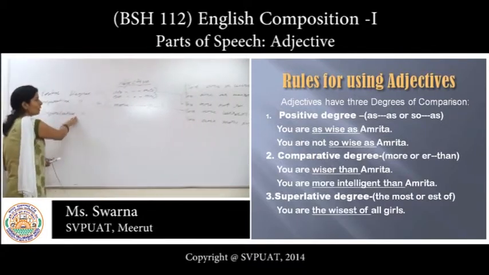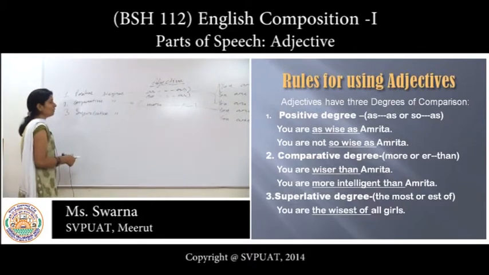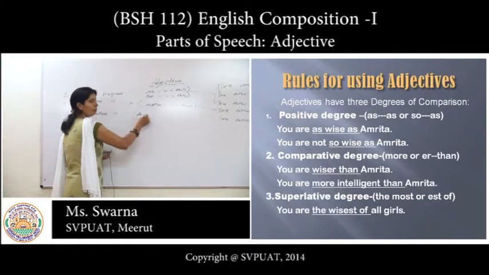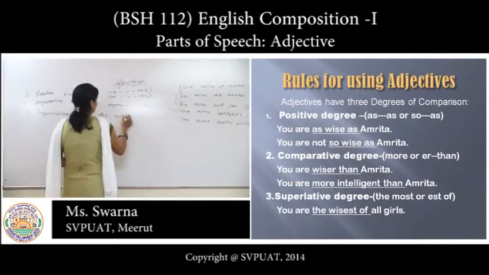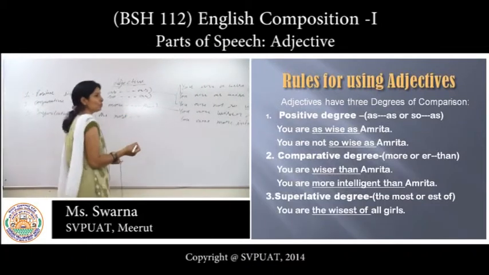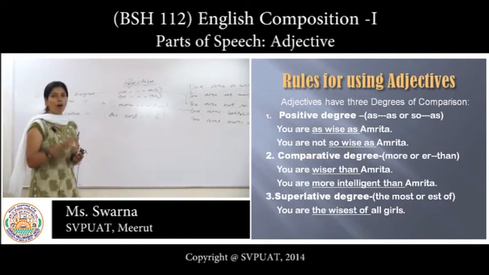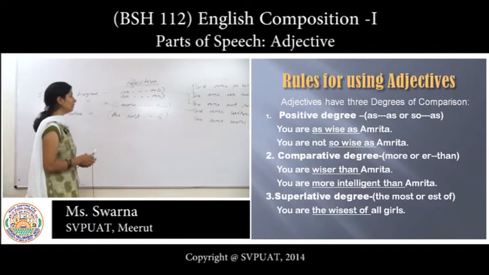The next is the superlative degree. In the superlative degree, we use words like the before the degree, then the most. In some cases, we use of. If we compare among all, then we use the superlative degree.